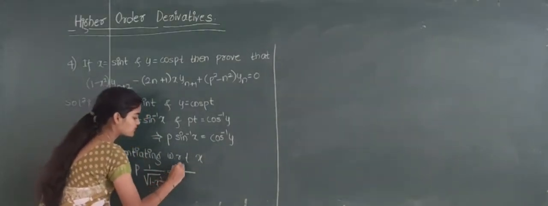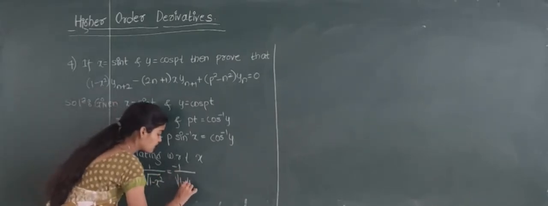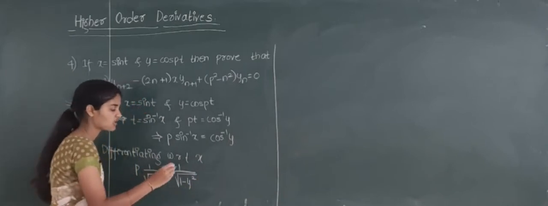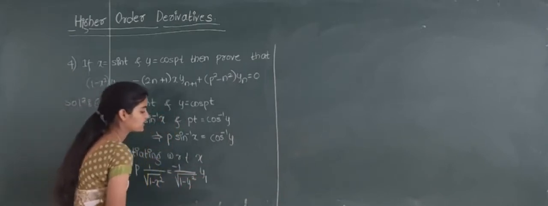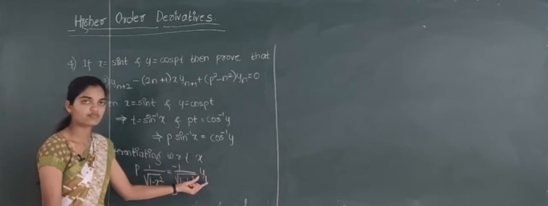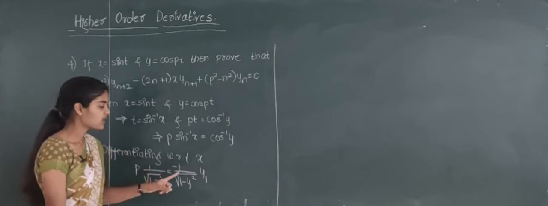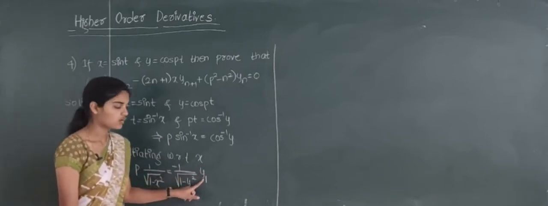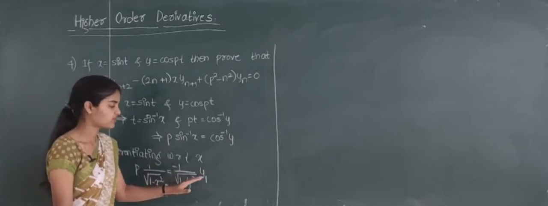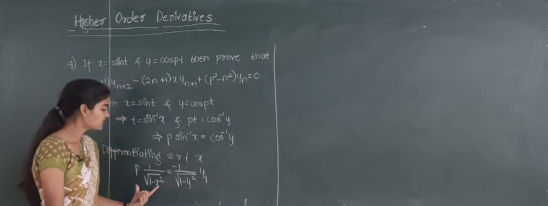Cos inverse y differentiation is minus 1 divided by square root of 1 minus y square. And again y differentiation is y dash, that is y1 I will write. Yes, y1 or y dash I have taken for the first derivative of y. That is, y differentiation with respect to x we write as dy by dx or y1 or y dash. Both are the same. So here we get this term.